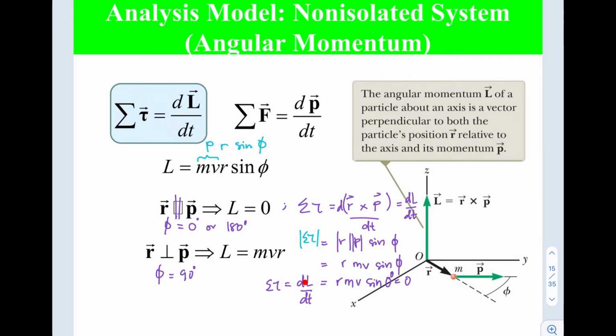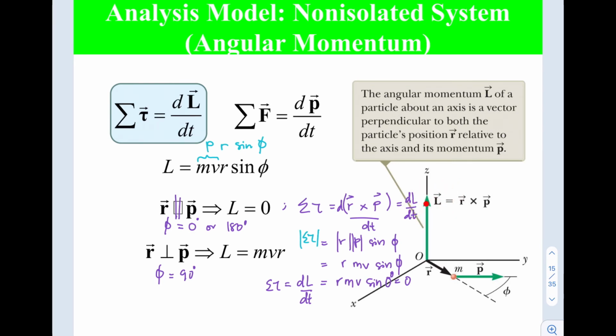And our P is mv. So now we can conclude that sum of torque is equivalent to dL over dt, which is equivalent to rmv. The same with this: if it is parallel, then 0, since sin 0 gives us 0. If it is perpendicular, sin 90 gives us 1. So we will be left with rmv or mvr, either.